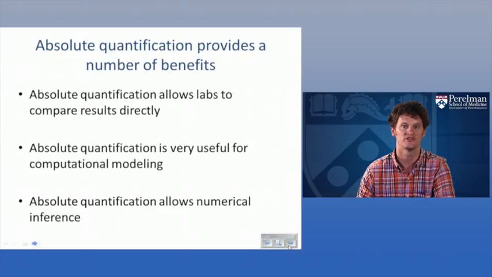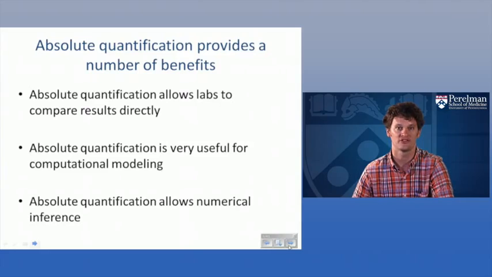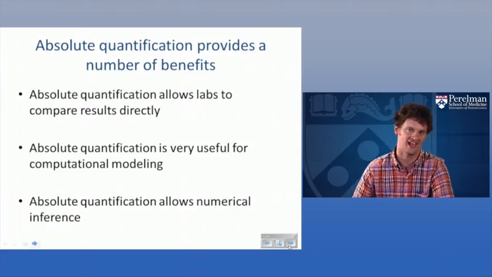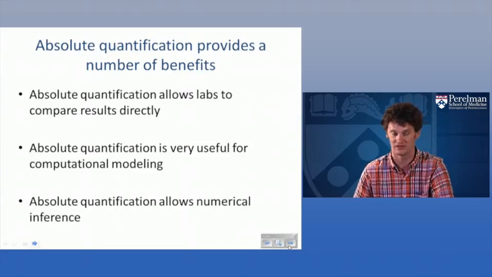So what is absolute quantification, and what are its benefits? Absolute quantification is just having the actual number of RNAs in a particular cell, and that allows you to really compare directly between labs. So you don't have these issues of, well, a microarray run in this lab is different from a microarray run in that lab, and you can't directly compare them. It's just a number, right? It does not depend in principle at all on the experimental method that's used to generate it.